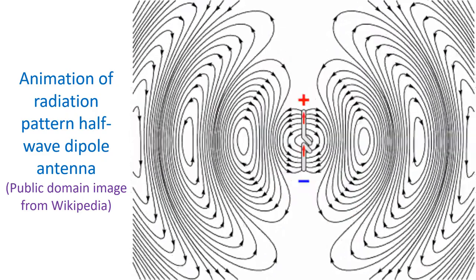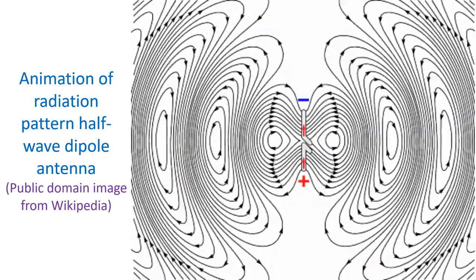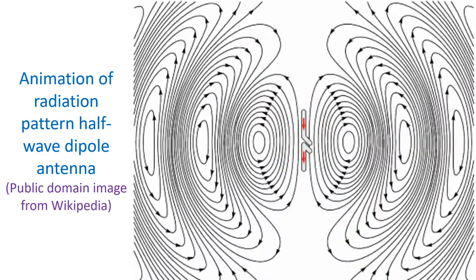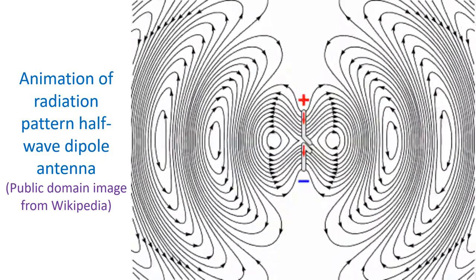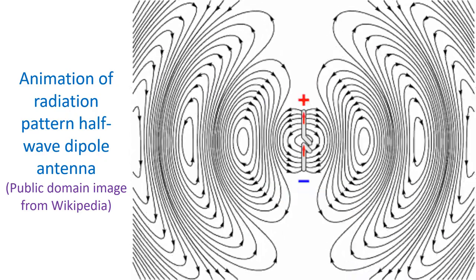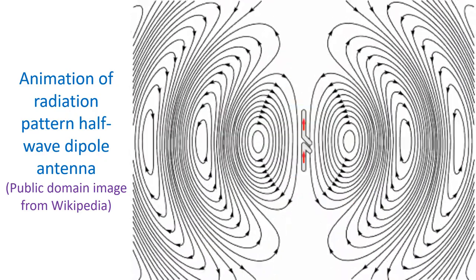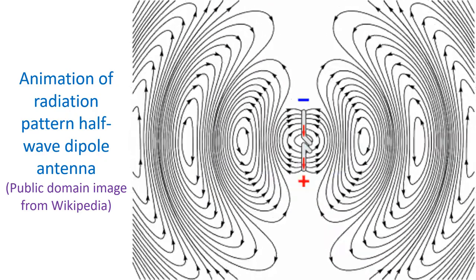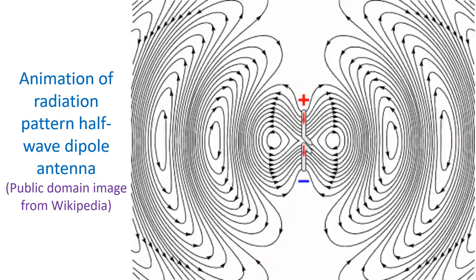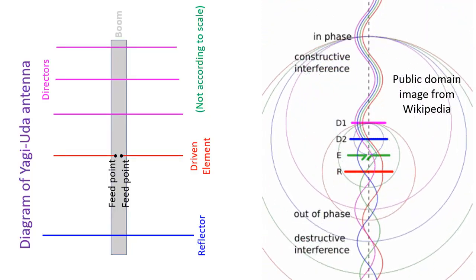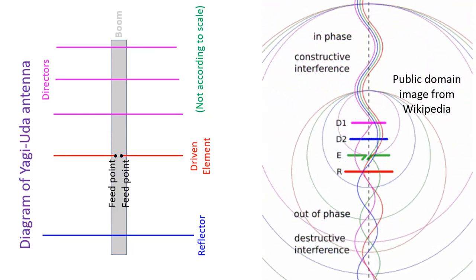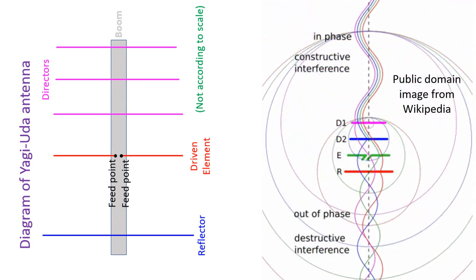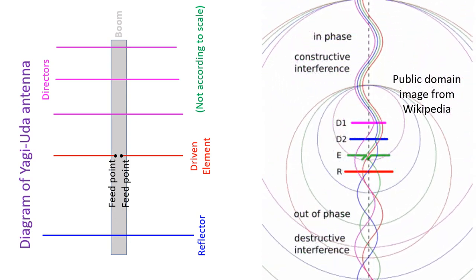The bidirectional radiation pattern gives the dipole antenna a gain over the theoretical isotropic antenna of 2.15 dBi. That is why when gain is mentioned in comparison with a dipole as dBd, it will be 2.15 lower than dBi. Highly directional antennas like Yagi-Uda antennas have much more gain along the direction from reflector to director elements.